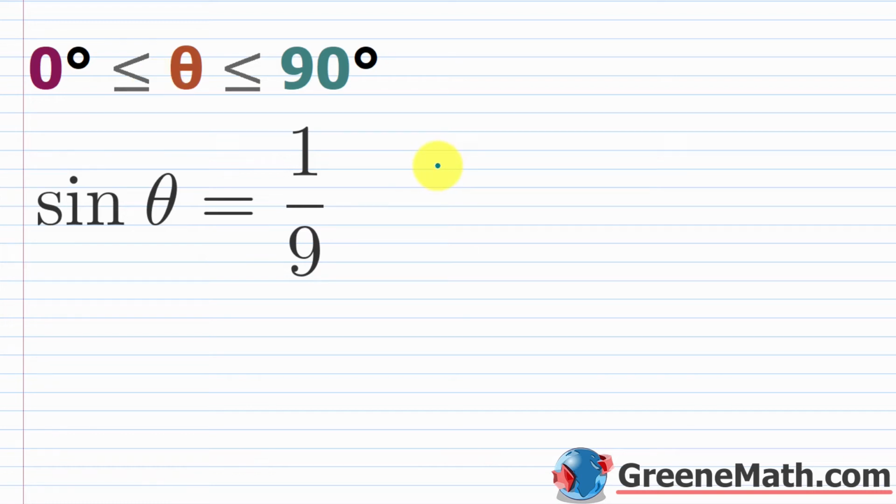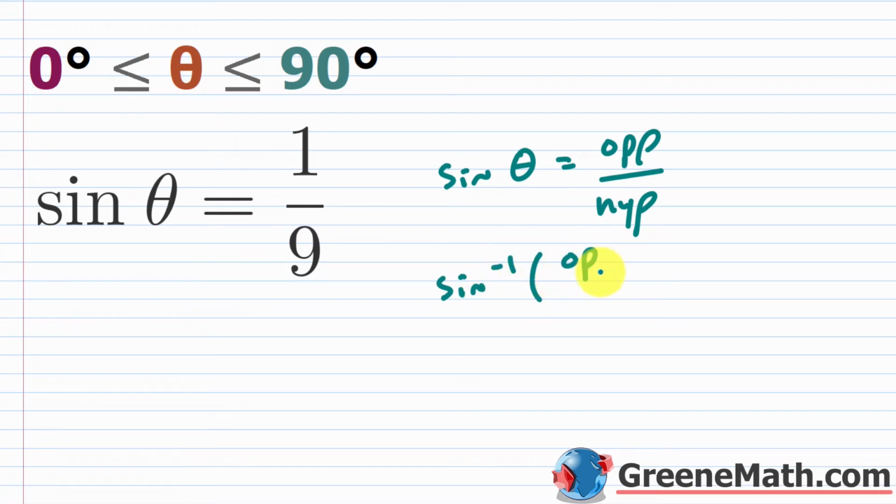So we know already that the sine of theta is equal to the opposite over the hypotenuse. And so again, the sine inverse of your opposite over your hypotenuse, or you could say the arc sine if you call it that, is going to be equal to your angle theta. Okay, so we're just going to punch this into the calculator.